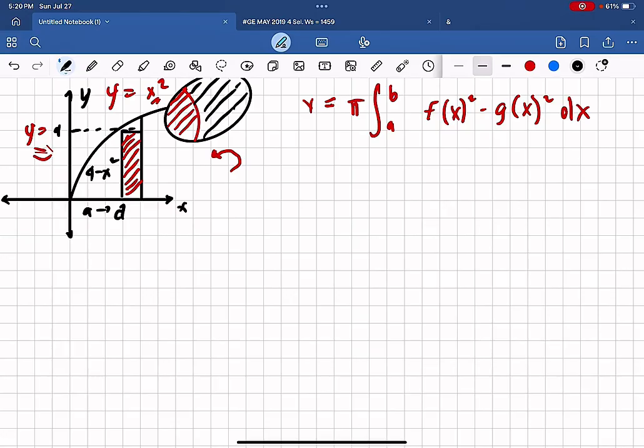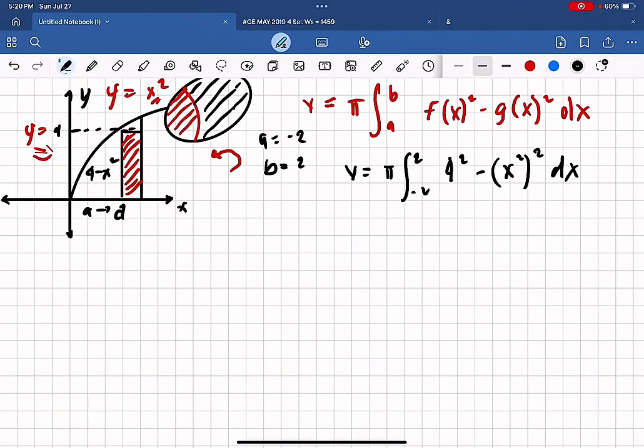Let's plug into the formula. Our limits are a equals negative 2 and b equals 2, so volume equals pi, integral from negative 2 of 4 squared minus x squared squared, dx.